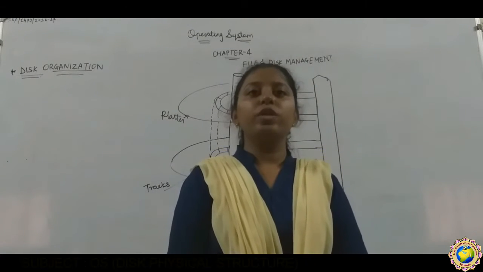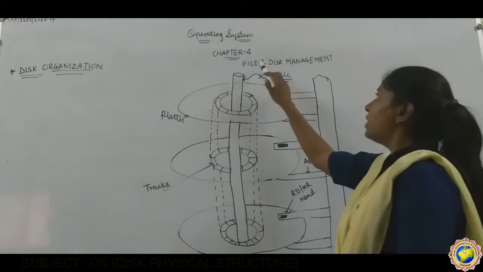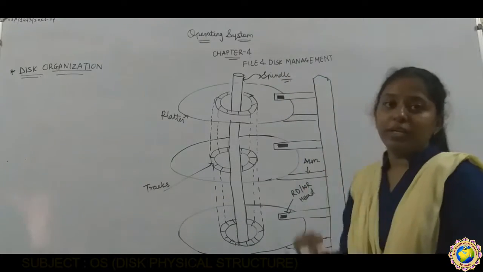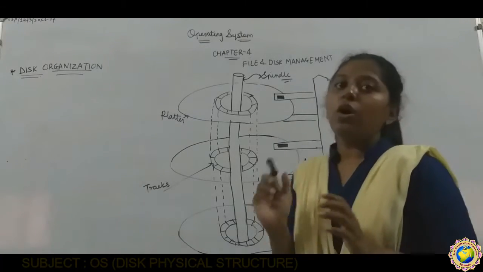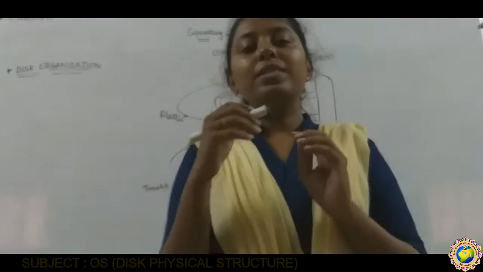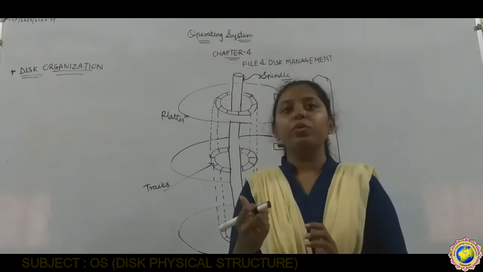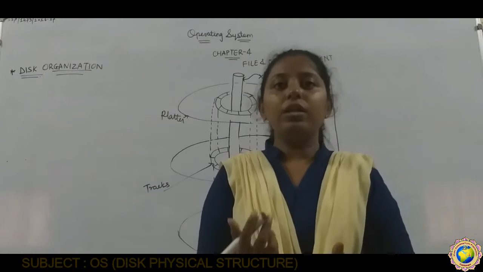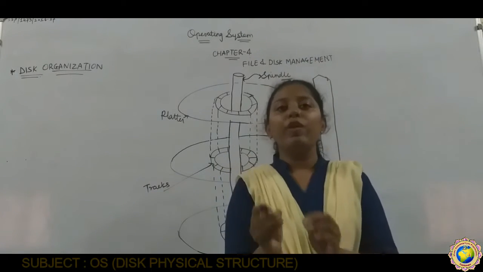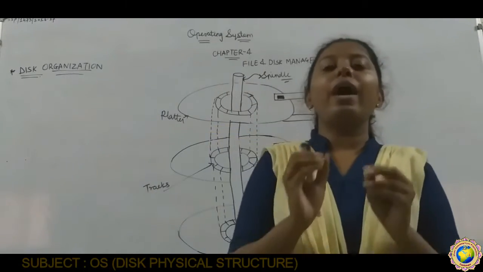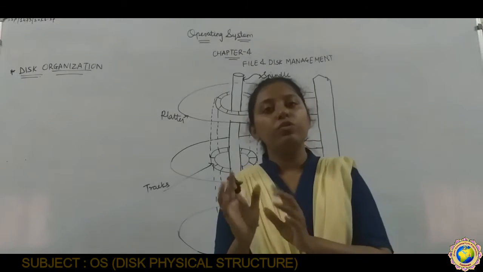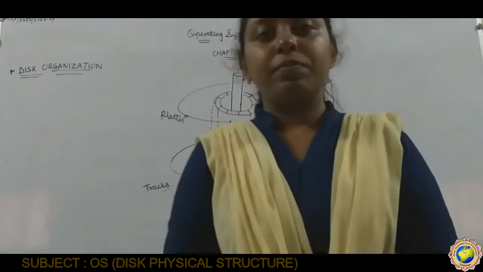Today we are going to learn about the next chapter, that is file and disk management. Let's see disk management. So, disk organization. Sometimes we have already run programs in C, right? For example, to store the values of variables A and B. Suppose I have written integer A equal to 5 and B equal to 10.